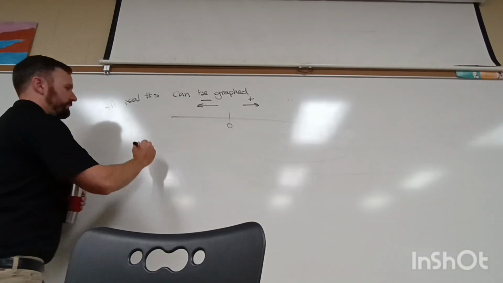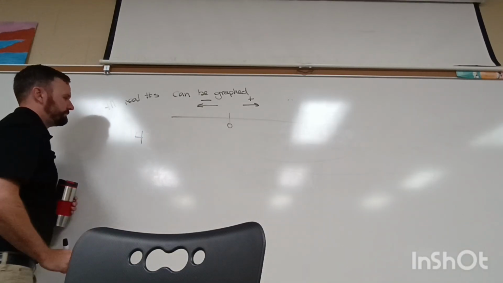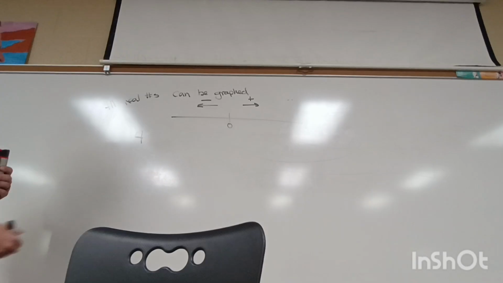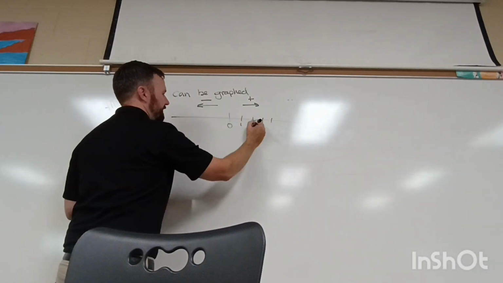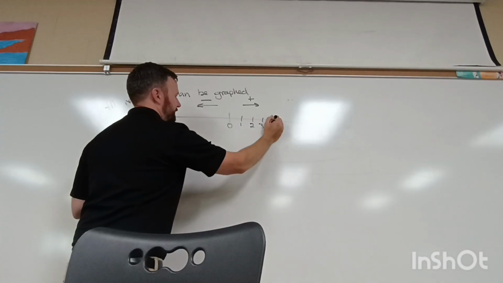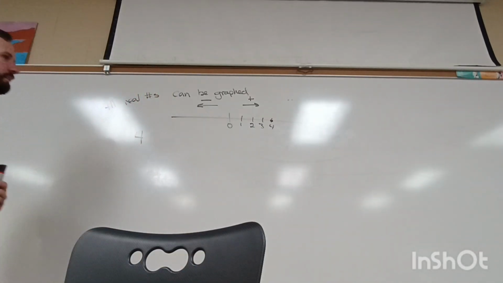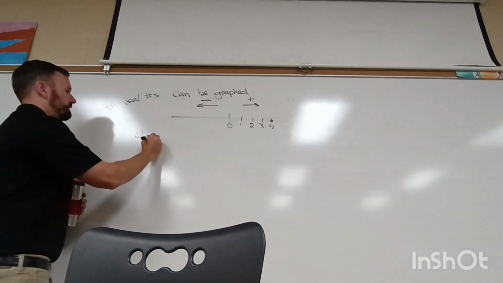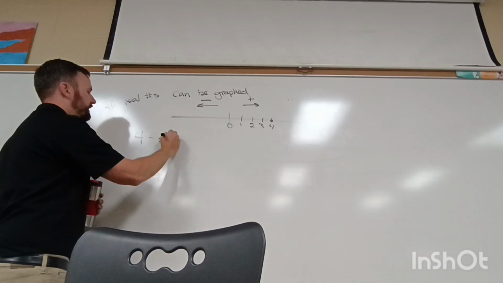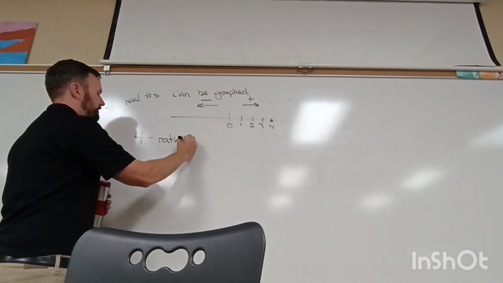All right. Let's talk about number 4. Can I plot number 4? Yeah. I can put a dot on number 4. So what kind of number is number 4? Is it irrational? No. Is it rational? Yeah. Can you write number 4 as a fraction?